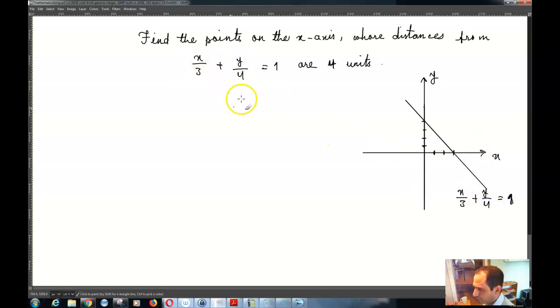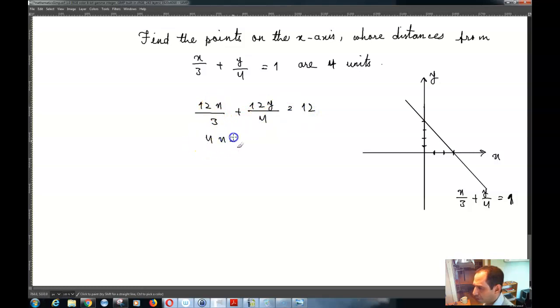And if I simplify this, I multiply by 12. I'll get 12x divided by 3 plus 12y divided by 4 is equal to 12.